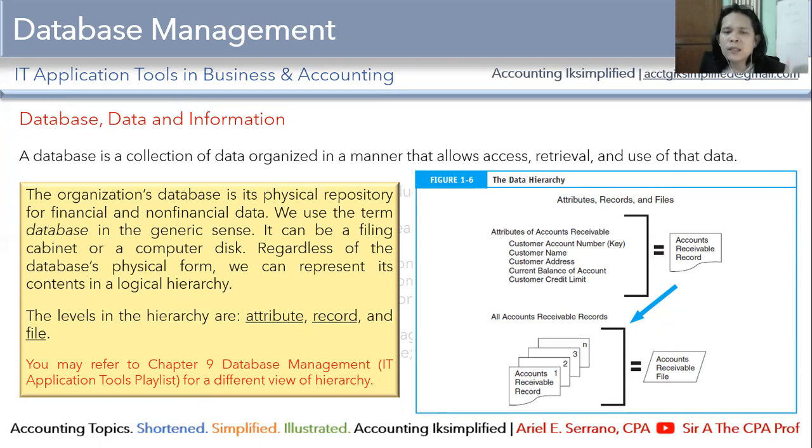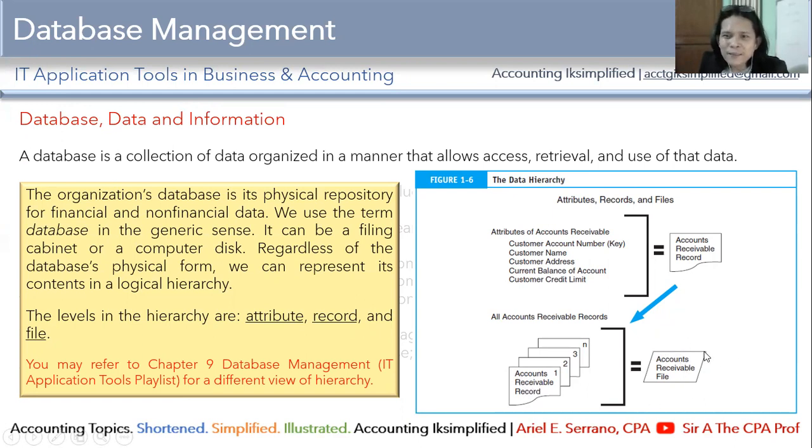At ito po yung tinatawag natin na attribute, records, and file. ARF. Okay? Attribute, record, file. Kagaya po ng makikita po ninyo dito. No, the data hierarchy. We have the accounts receivable records. Okay? Which is, ayan collection po ng accounts receivable record, ang tawag po natin dyan ay accounts receivable file.